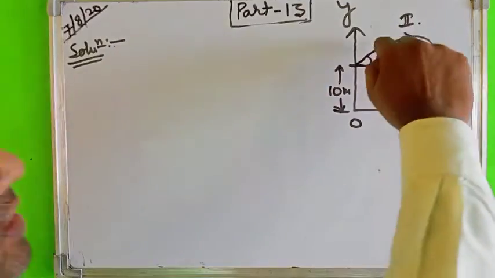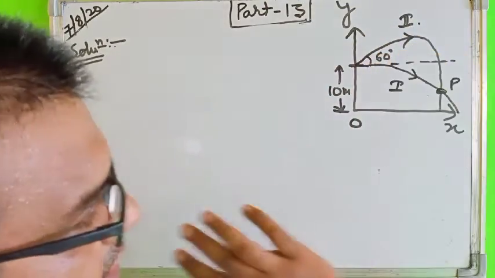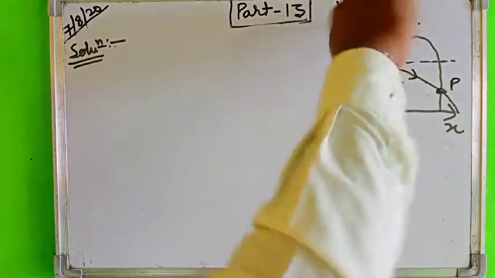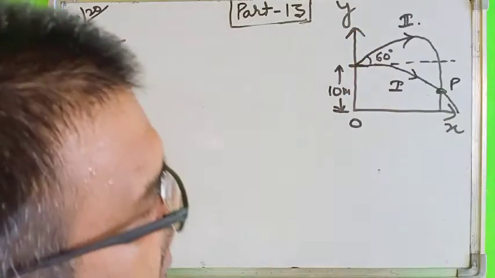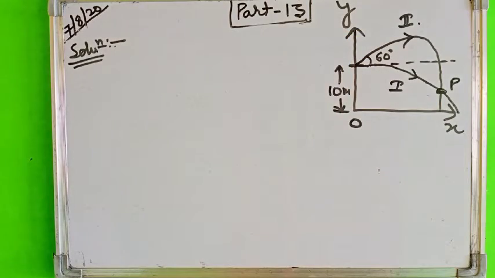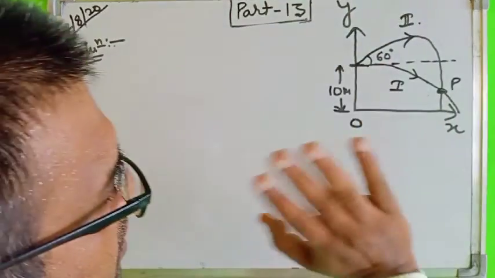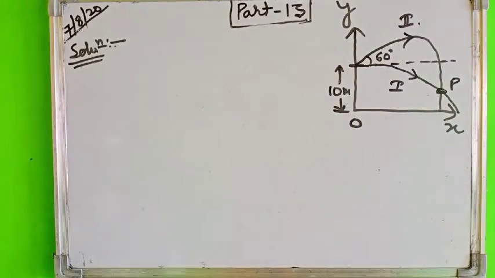And for the second gun, since it is fired at an angle of 60 degree, it has both components. The vertical component is u sin 60 degree and the horizontal component is u cos 60 degree. Clear, students?